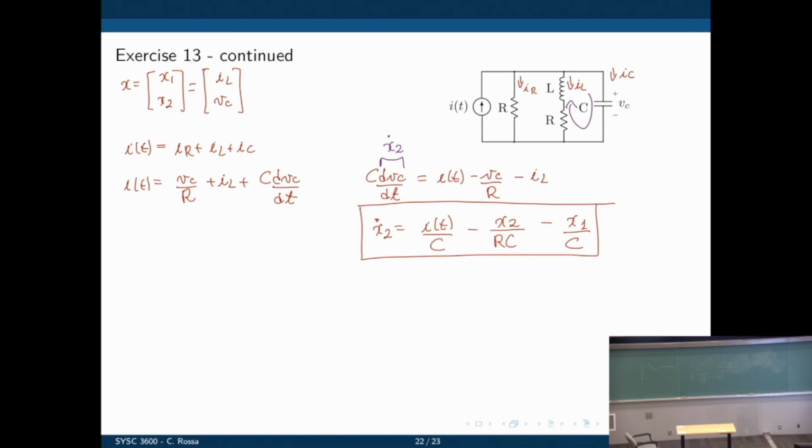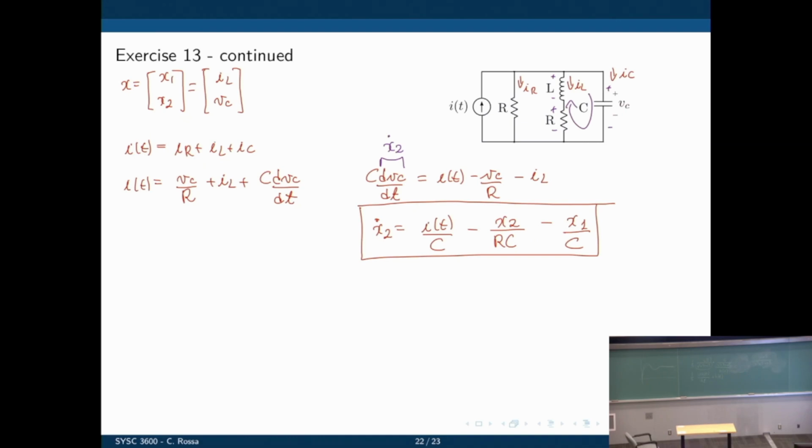Now notice that when we go through the capacitor, we have a positive voltage. When you go to the inductor and the resistor, we have a negative voltage.